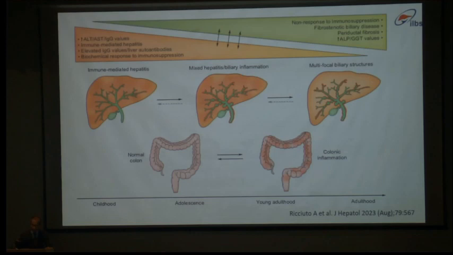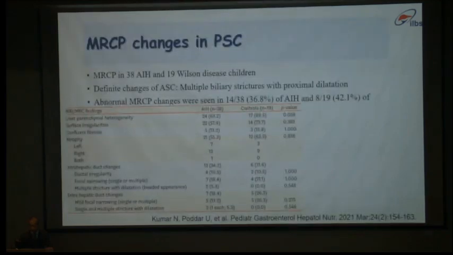Later on, in young adulthood and later in life, there are multifocal biliary strictures, leading to non-response to immunosuppression, biliary disease, and more elevation of alkaline phosphatase and GGT in contrast to the transaminases. Simultaneously there is progression of the colonic changes from normal colon to colitis.